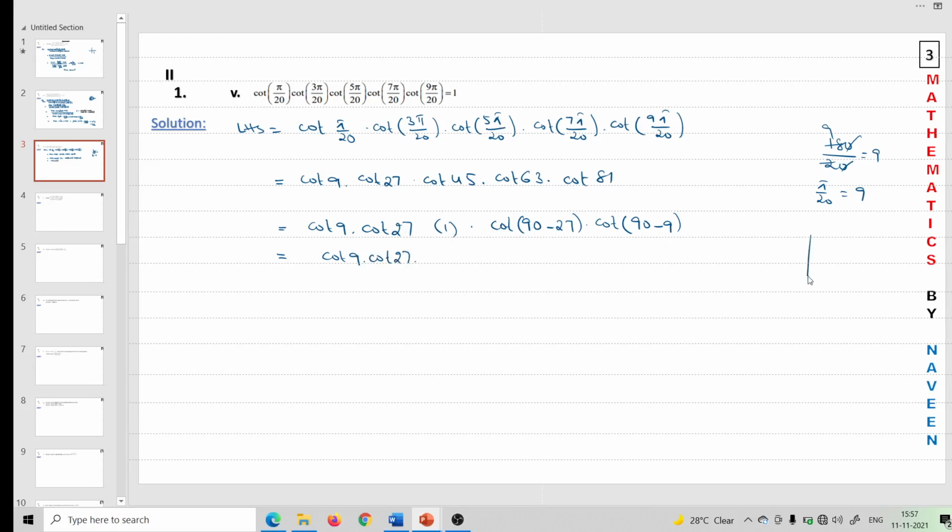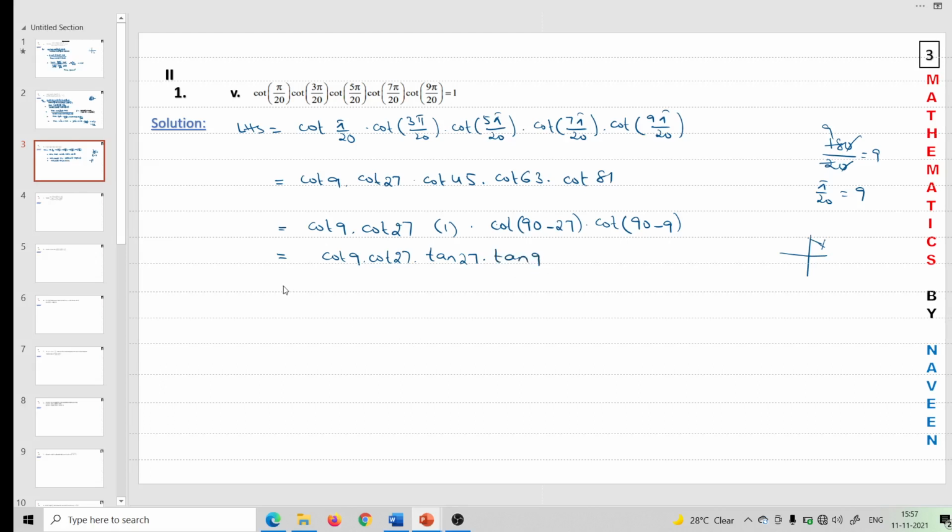See, 90 minus 27 means first quadrant. Both are in the first quadrant. In the first quadrant all are positive, so I am not writing any plus or minus signs here. 90 means pi by 2, right? So pi by 2 is multiplied by 1 integer, so there is a change in trigonometric ratio, that is tan 27. Clear? Tan 27 into tan 9.